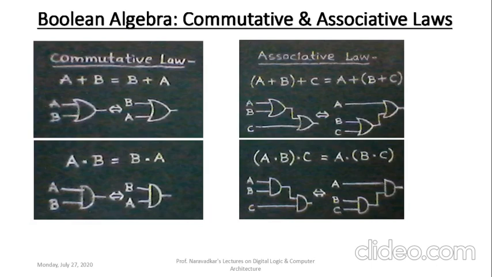Its dual will be A dot B, plus is replaced by dot, equal to B dot A. Again, right side B plus A, that plus is replaced by dot here. Same thing is applicable for associative law. The upper associative law with the OR operations, each of that OR operation plus sign is replaced by AND operation in the bottom associative law here.